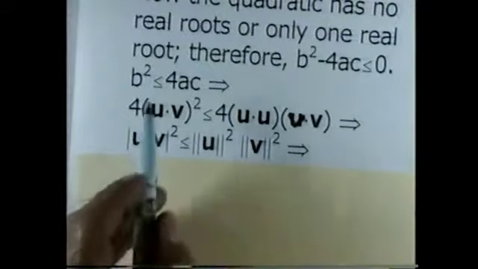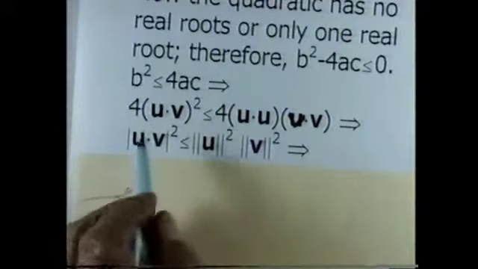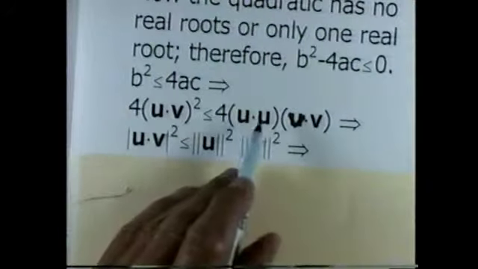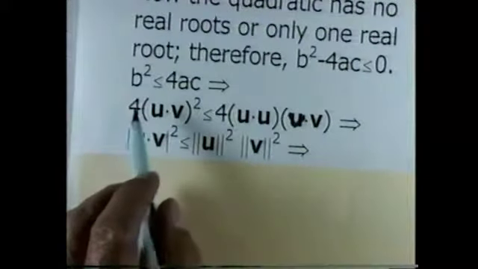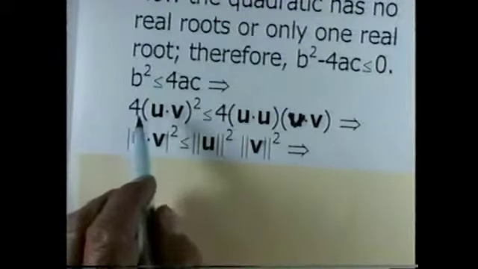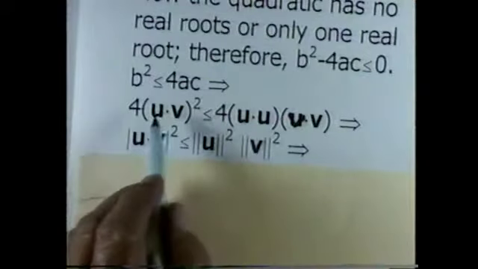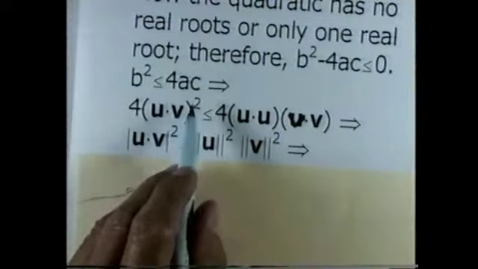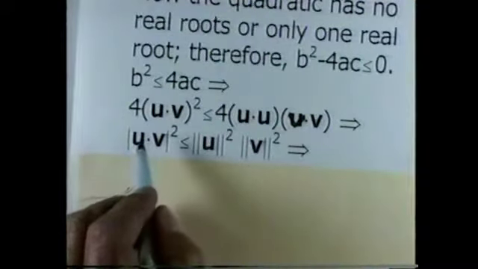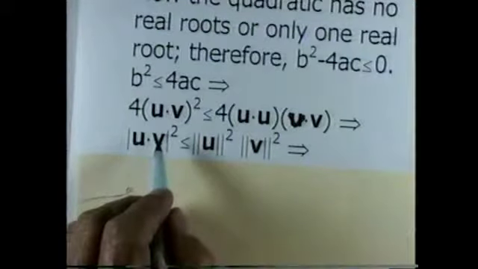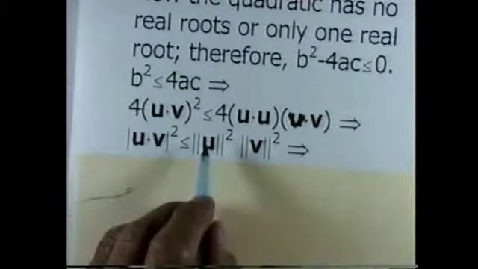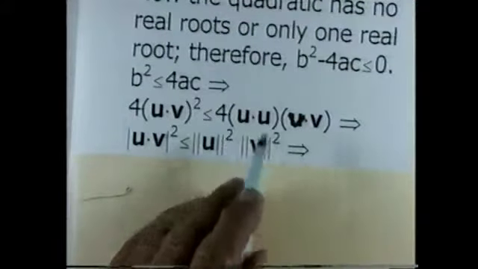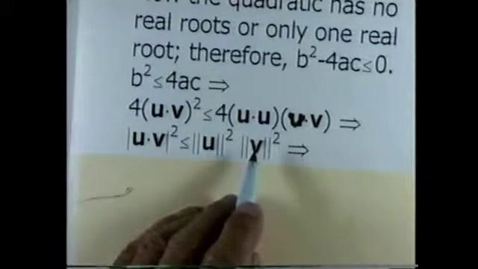Now this would imply that, dividing by the 4 and taking the magnitude here, u dot v quantity squared would be the magnitude of u dot v squared. u dot u is the magnitude of u squared. v dot v is the magnitude of v squared.